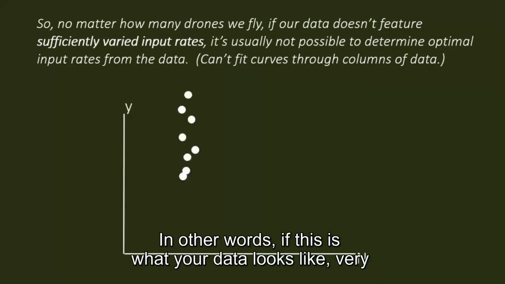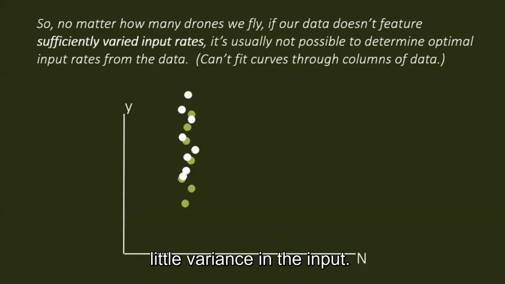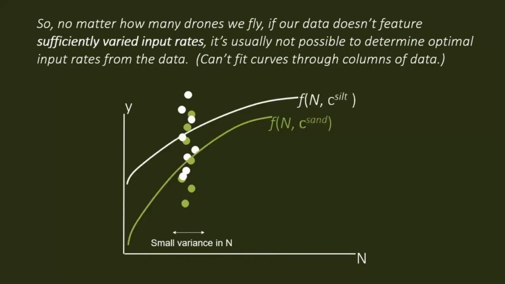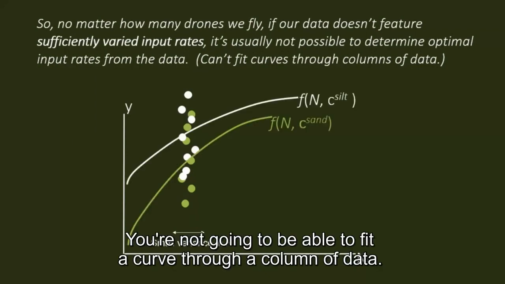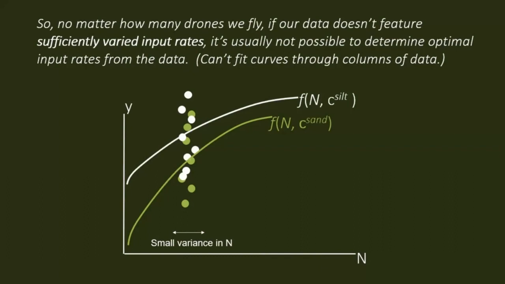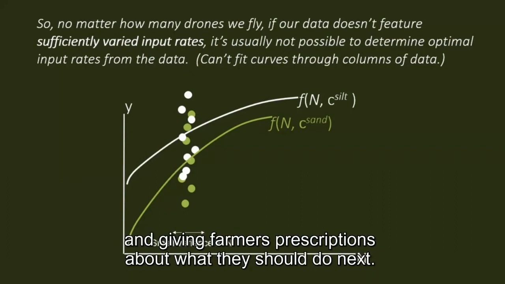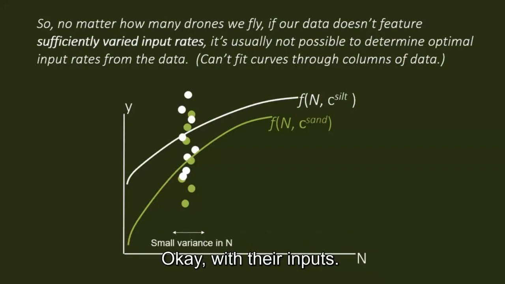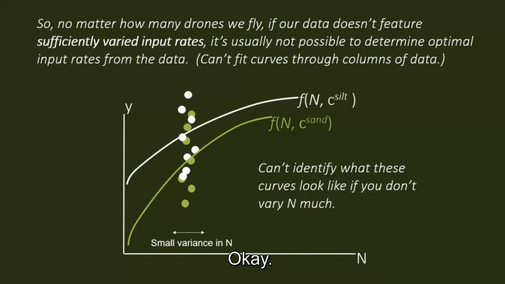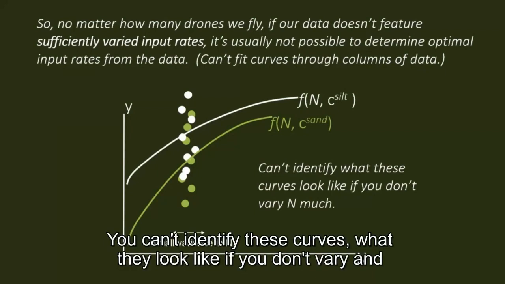In other words, if this is what your data looks like, very little variance in the input, you're not going to be able to fit a curve through a column of data. And that's the whole problem with just taking pictures from the sky and giving farmers prescriptions about what they should do next with their inputs. You can't identify these curves, what they look like, if you don't vary very much.